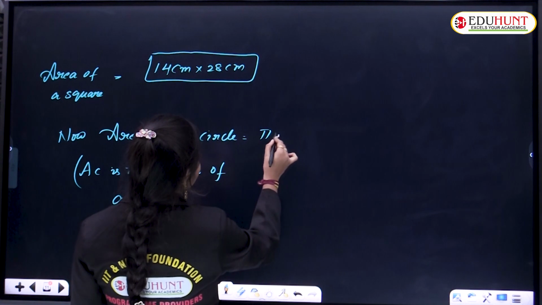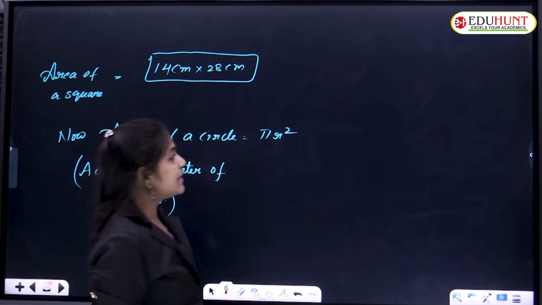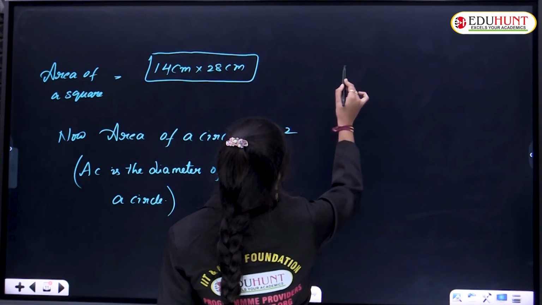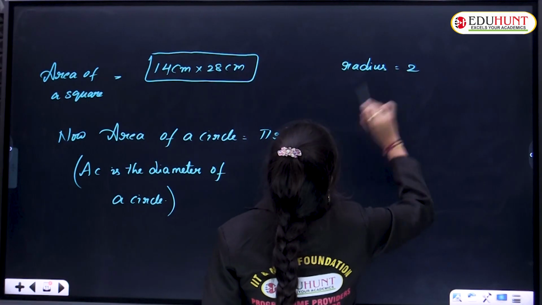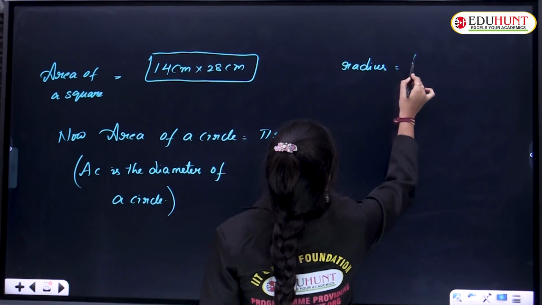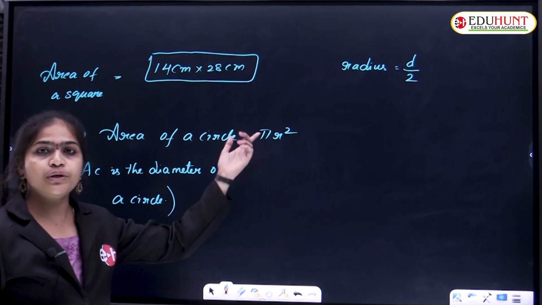Now here pi r square. Here r is the radius, and radius is equal to d by 2. Diameter is equal to 2 into radius.